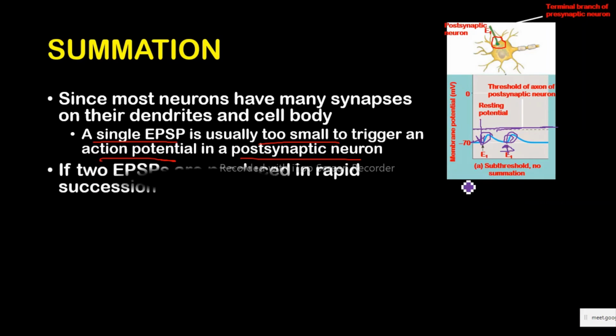But the good news is, if two excitatory postsynaptic potentials are produced rapidly in succession, like you have stimulation one, and within that very millisecond you give another stimulation, so they are two in one, rapid and in a single succession, then you'll be able to produce an excitatory postsynaptic potential that will be way above the threshold value.